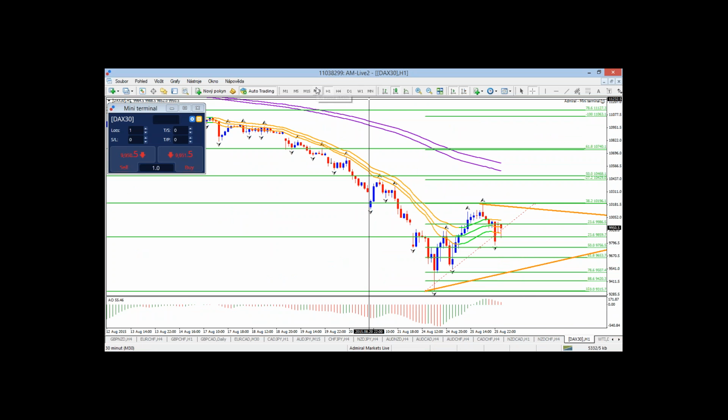After that, I still would expect some resistance to kick in, either at the 50 fib down again, or if we get a wedge, then of course these trend lines become important. The resistance, perhaps for a bigger retracement, the support, perhaps for that breakout.